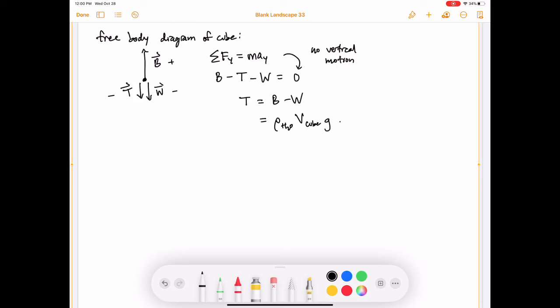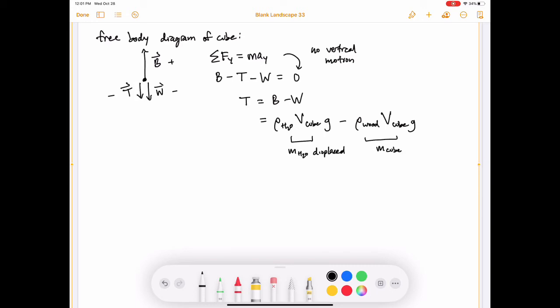The weight of the cube would be the density of the wood, so that's what the cube is made out of, times the volume of the cube, times g. In other words, this right here is the mass of the cube, so if I take the mass of the cube times g, I get the weight. And this right here is the mass of H2O displaced.